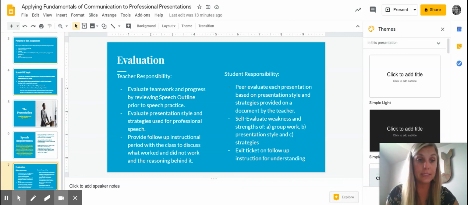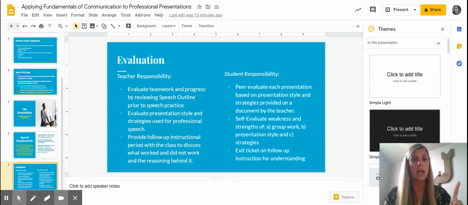Now, on the student side, they're going to be doing a peer evaluation on a document that should be provided by the teacher. So, please evaluate as the presentations are going on. They also need to have the chance to do a self-evaluation on their weaknesses and strengths in A, group work, B, presentation style, and C, the strategies that they use.